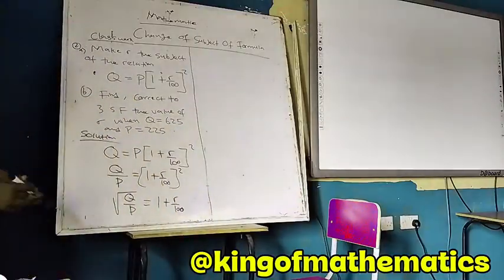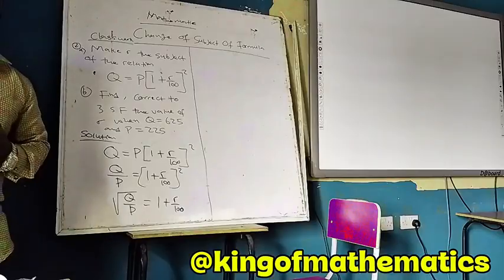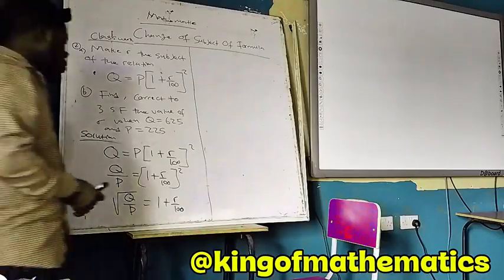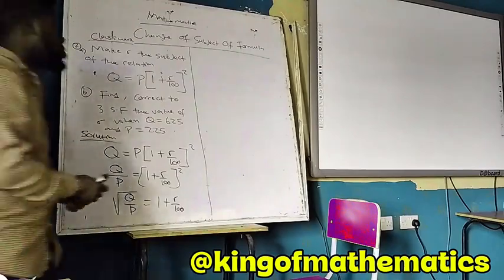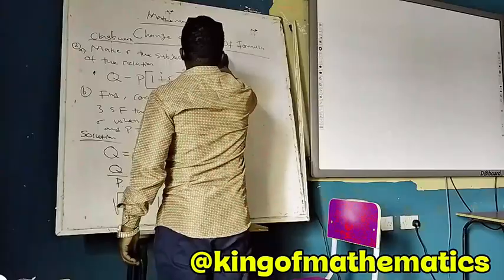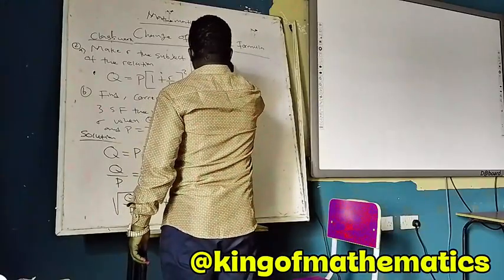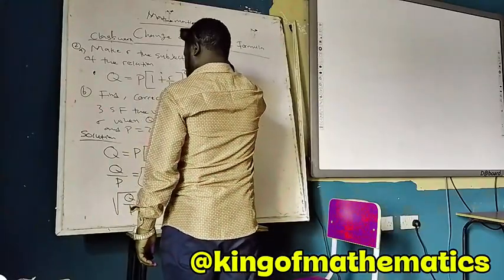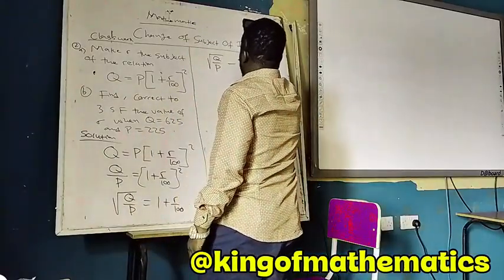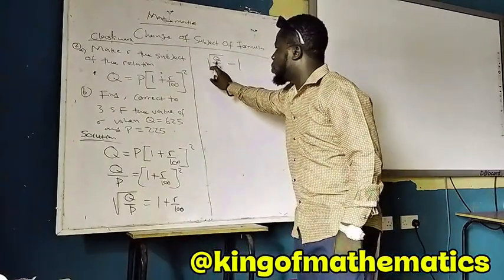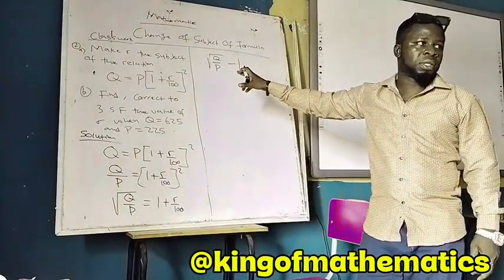What's the next thing for you to take? Take 1 to the other side. When 1 is leaving this side, it's plus here, and when you get here, it comes to minus. You have square root of Q over P, then minus 1. Mind you, that minus must not be in the square root.